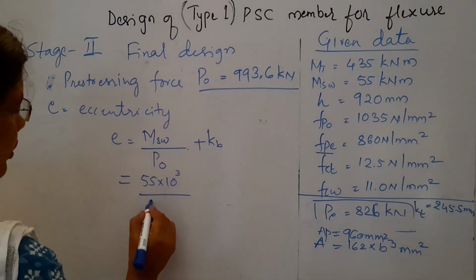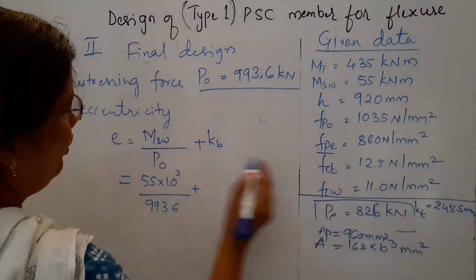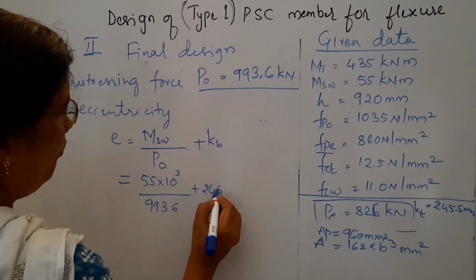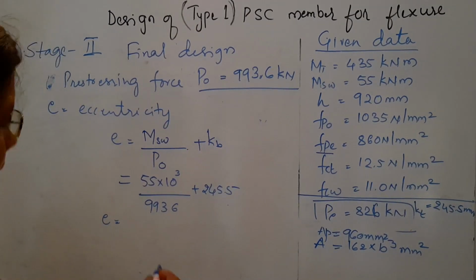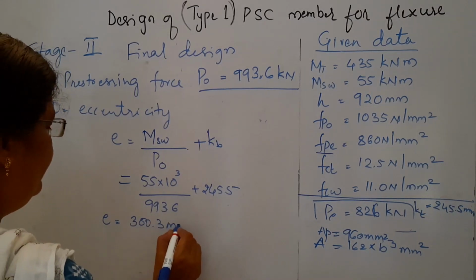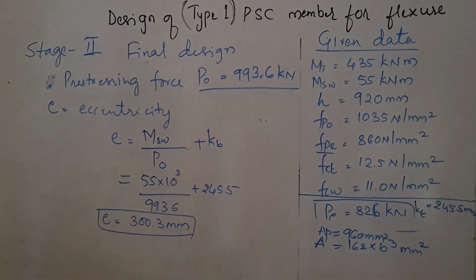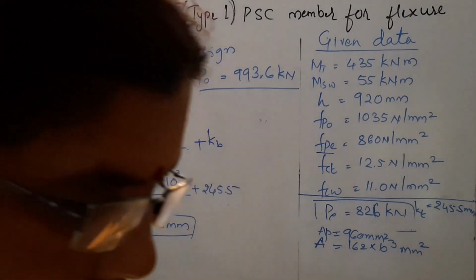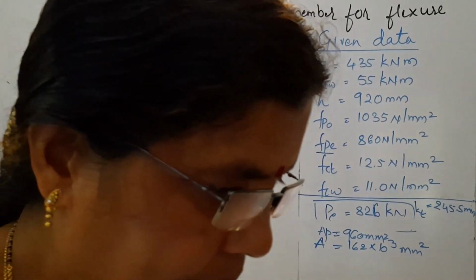PO is in kilonewton only, 993.6, plus 245.5. This comes to be 300 millimeters, 300.3.